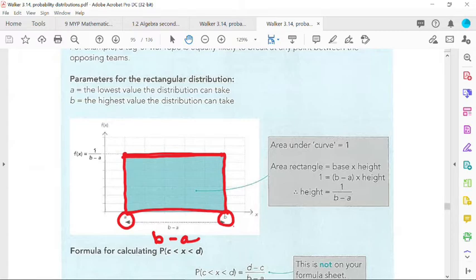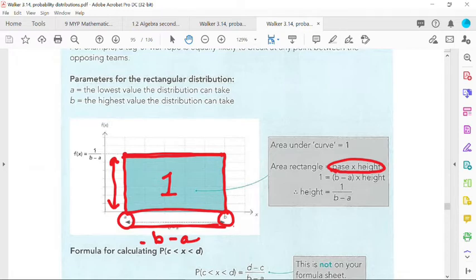Now, in order to find the area of a rectangle, remember, I need a base and a height, or a length times a width, however you want to call it. Makes no difference. Well, the base is easy. The base is just found by subtracting these two. So it's just that length. Yeah? The height you can find if you remember that the total area of that thing inside has to be 1.